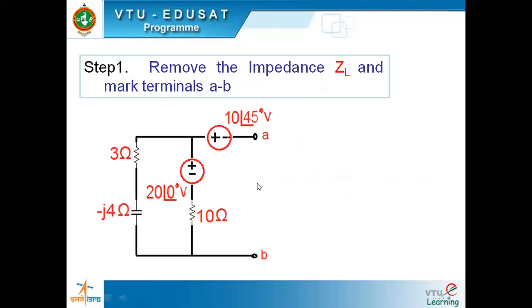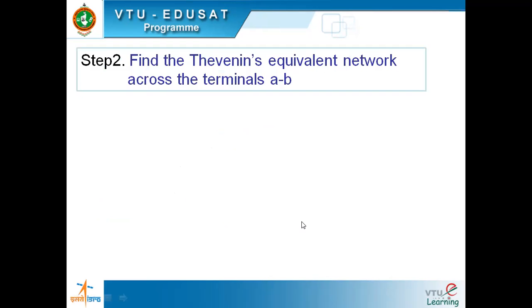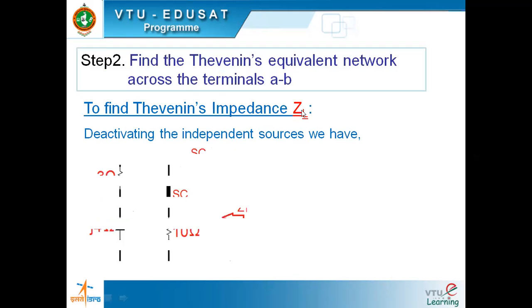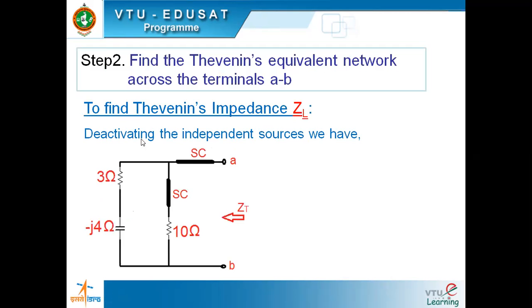How to find out the Thevenin's equivalent network? We have to find out VOC and RT, or ZT in this particular case because it's an AC circuit. To find the Thevenin's impedance ZT, make that correction, we deactivate the independent sources.